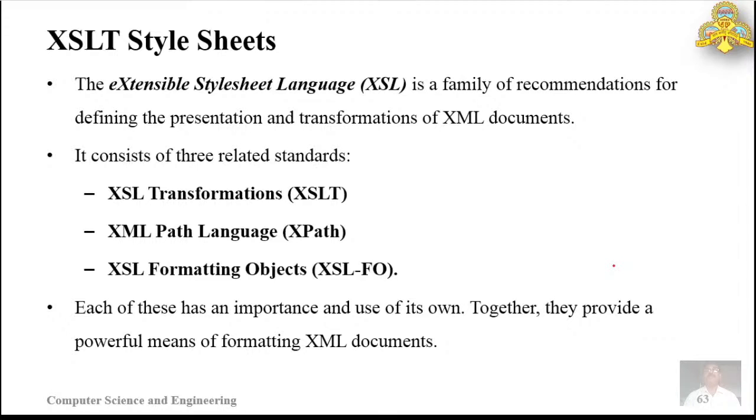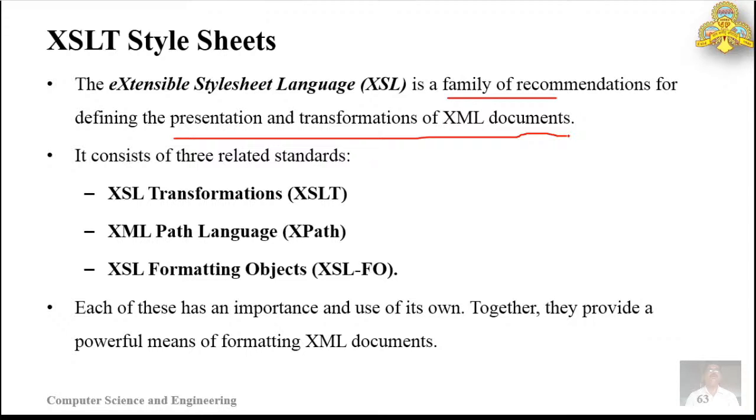The XSLT style sheet is the second method used to display XML documents. Extensible Stylesheet Language creates a family of recommendations for defining the presentation and transformation of XML documents. Presentation and transformation here need not mean a web page presentation or user defined presentation.